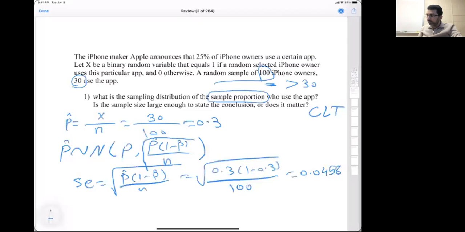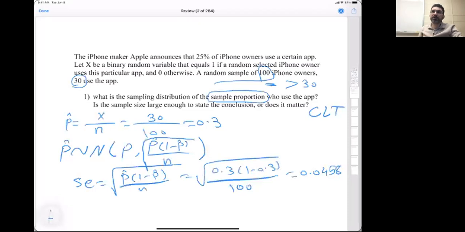So is the sample size large enough to state the conclusion? Of course, you will say yes. Or does it matter? Of course, it matters, because we cannot apply the central limit theorem with a small sample size. We have to have a large sample size to apply the central limit theorem.